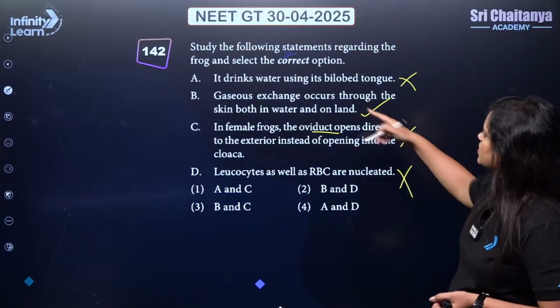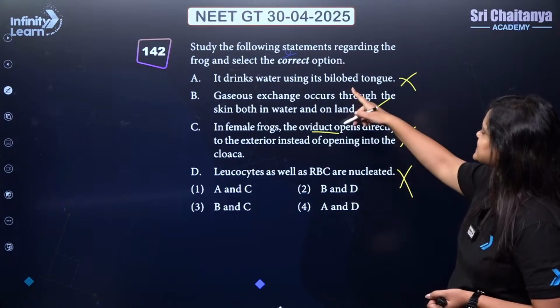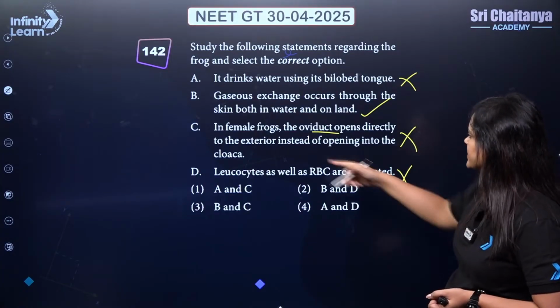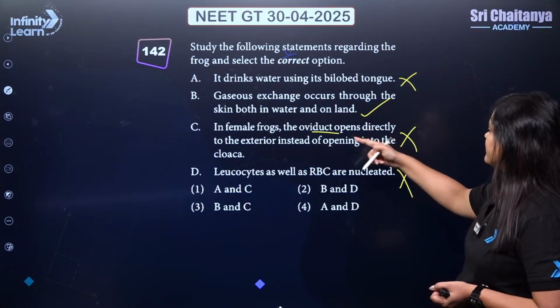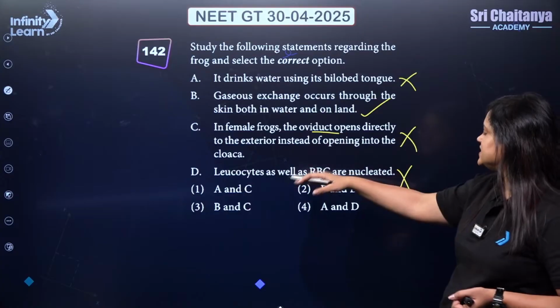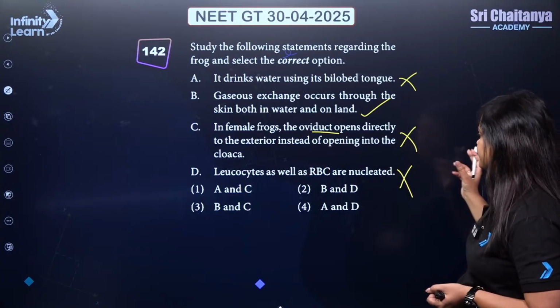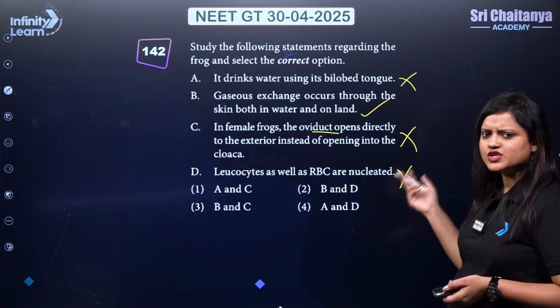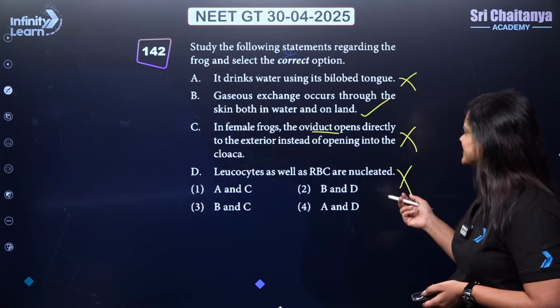Okay. So let's see, because we have 2 options here. It drinks water using its bilobed tongue, which is absolutely wrong. In female frog, the oviduct opened directly to the exterior instead of opening into the cloaca. And leukocytes as well as RBCs are nucleated. So which option you guys have marked, right?